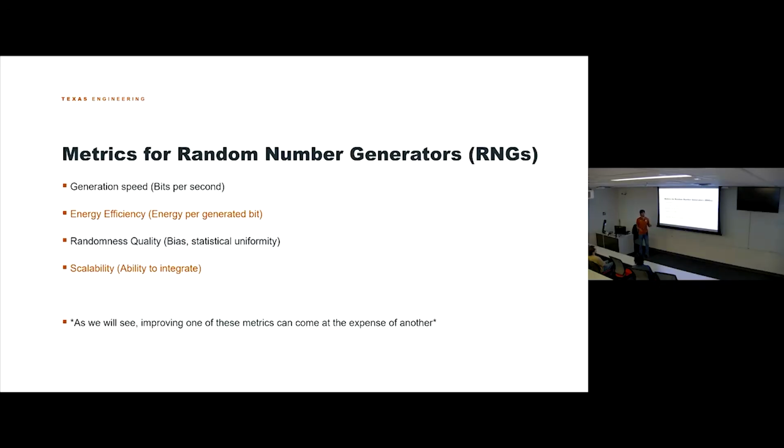All the papers mention it, and there's one overarching system that all of them use to test how good these random numbers are. And then there's scalability, which I think is right now the biggest issue, getting these into other CMOS technologies.